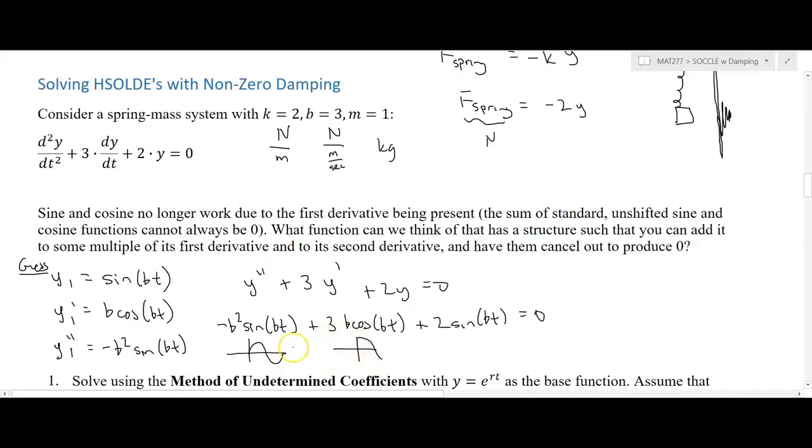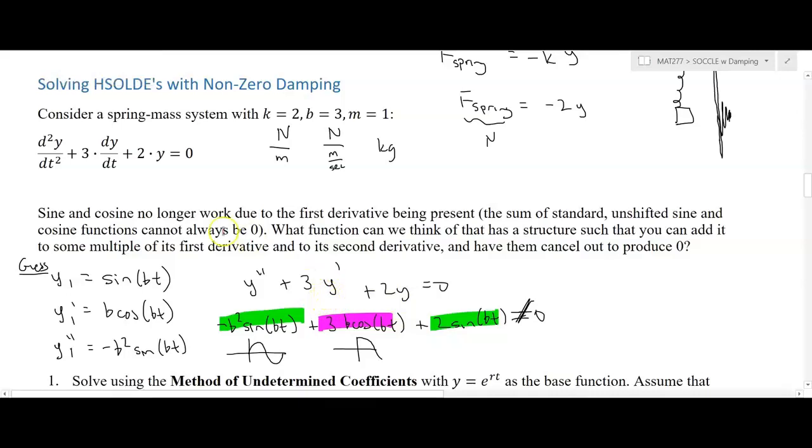So these are not in the same phase, and therefore they're not always going to be able to sum to 0. They will not equal 0 because we have sines and a cosine in here, and those are not like terms, so they will not combine.